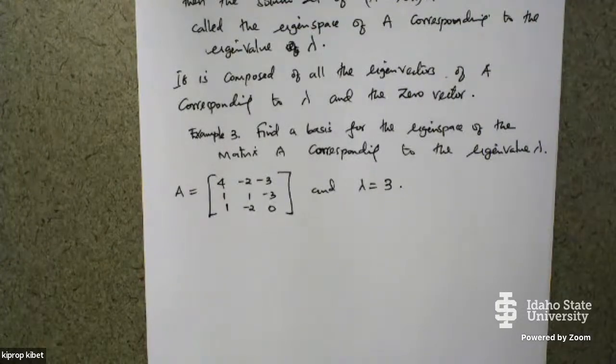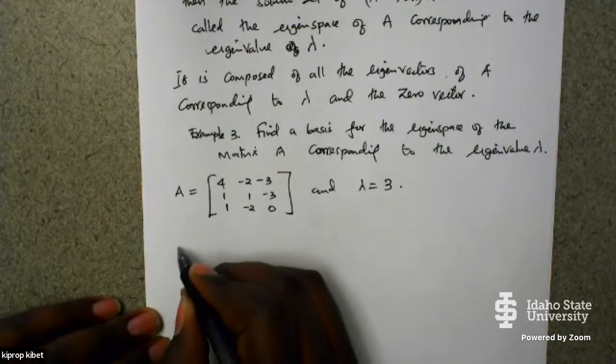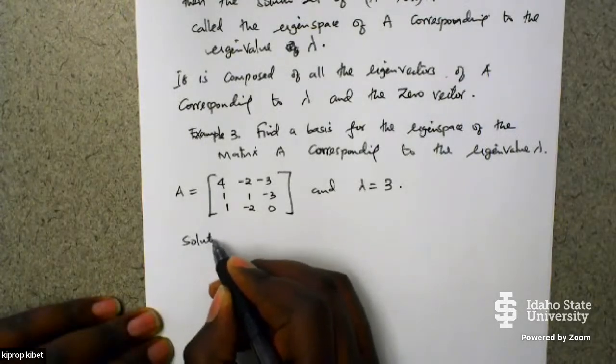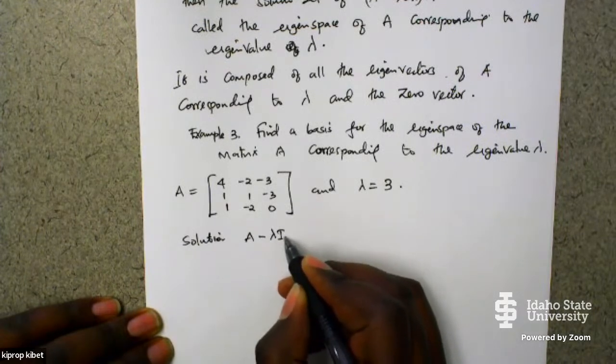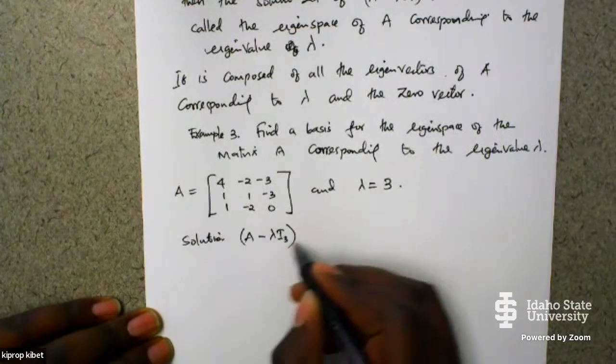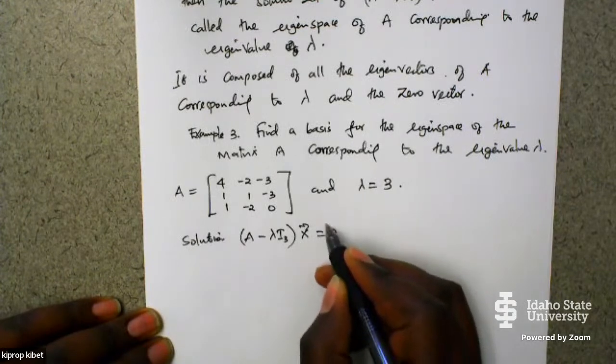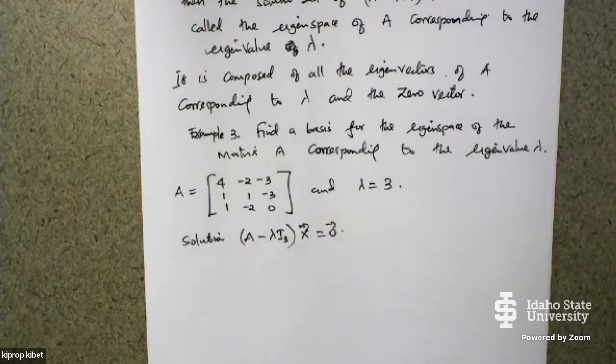So we want to get the vectors in the solution. So we actually want to get (A minus lambda I, in this case 3) x equals the 0 vector.